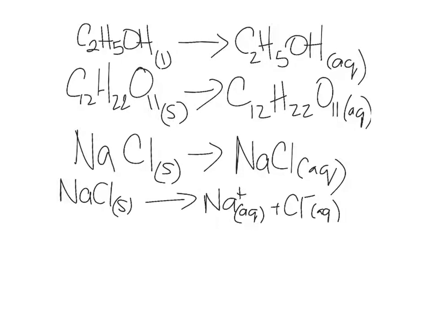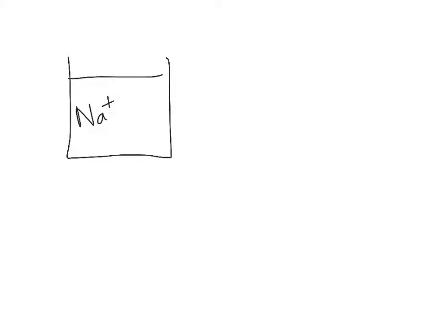Yep. If I've got a beaker, you notice there's no waves in my beaker, because there's no wind on the surface. I will have, what did I say I was dissolving? Sodium fluoride. I've got sodium ions and fluoride ions.